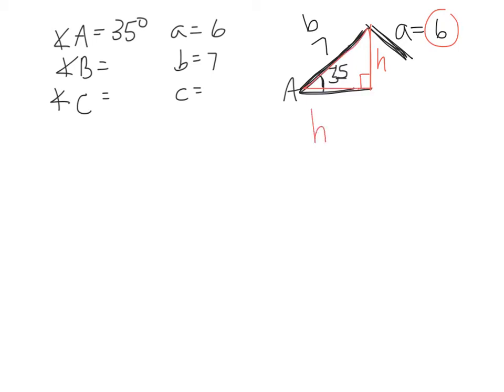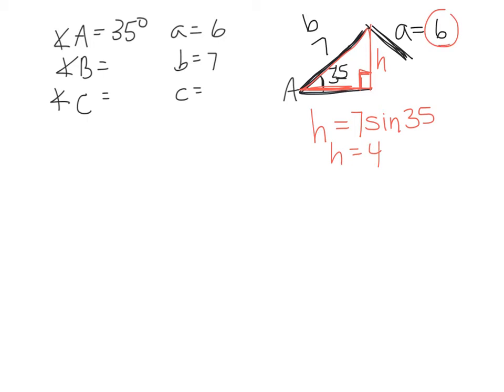So this height is going to equal 7 times the sine of 35. Right? Because the sine of that 35-degree angle is going to be the opposite, the h, over 7 in a right triangle. And in this case, that height comes out to be 4.